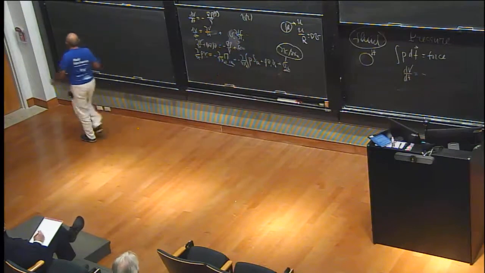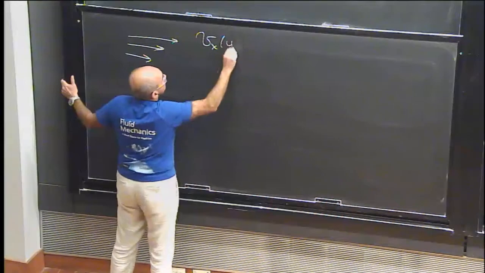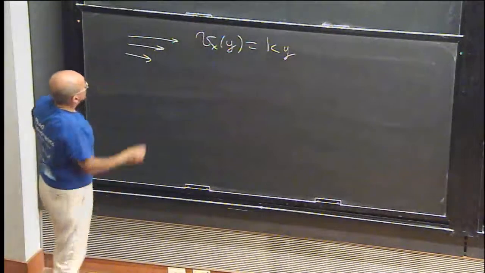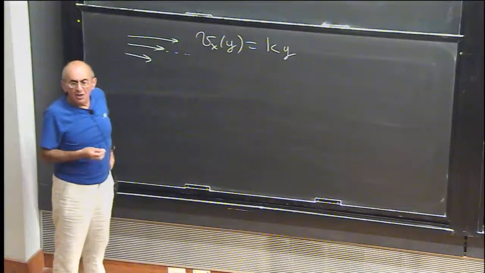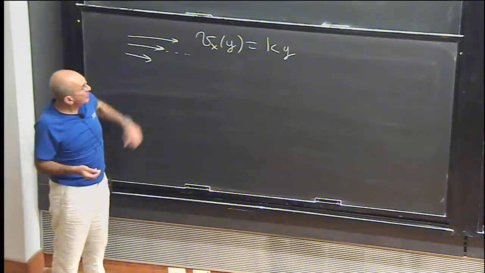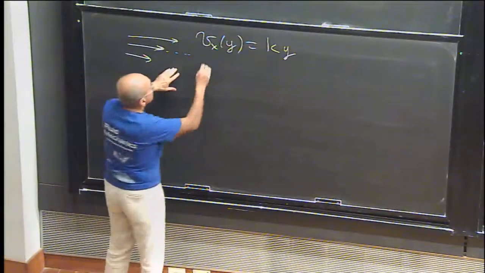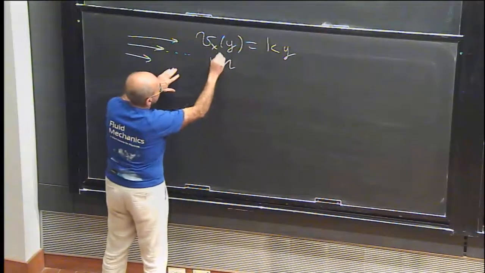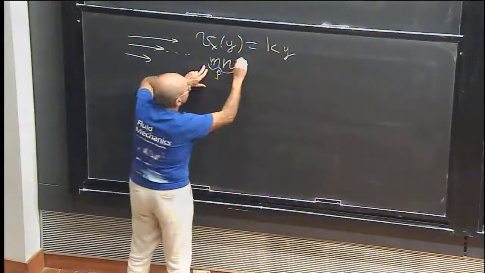So let's assume again the simple type of shear flow. I have my v_x, which is a function of y, which is, I don't know, k y. I take this line and ask how much momentum I bring from here to there. I just want to get the momentum flux. So the momentum flux would be the mass of a particle, concentration of particles, this is actually rho, times a typical velocity of a particle.